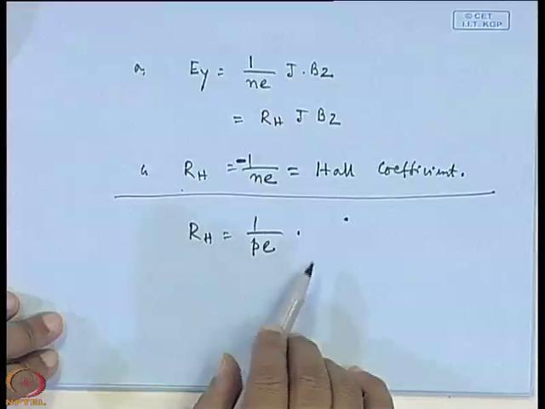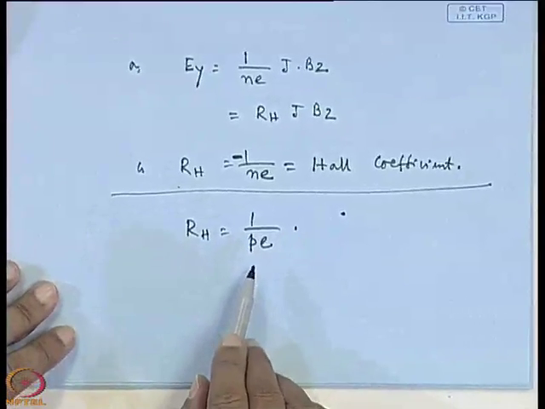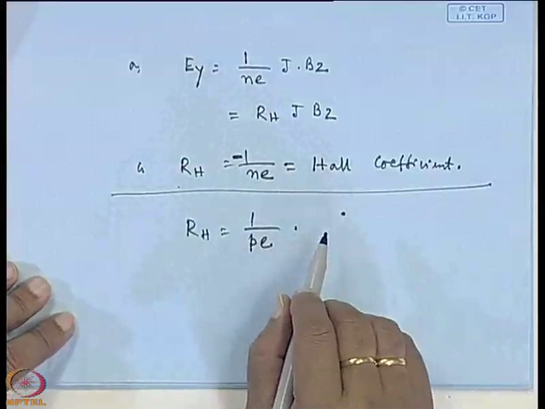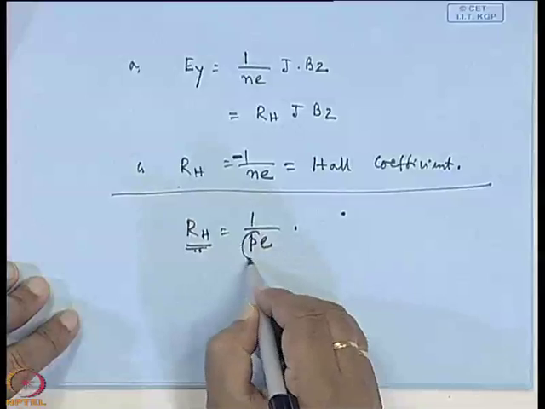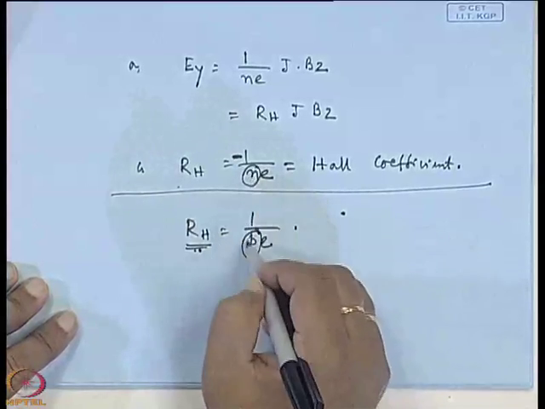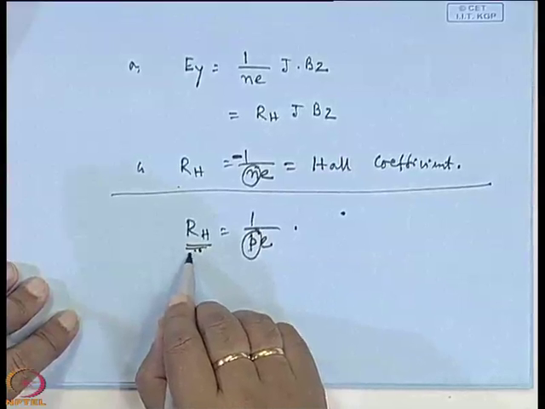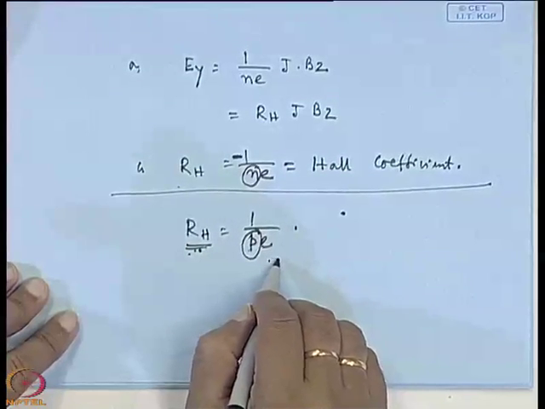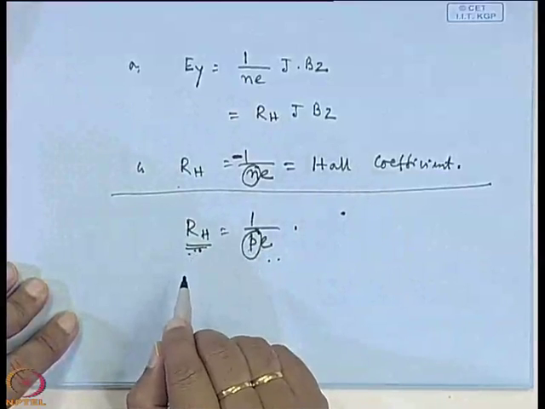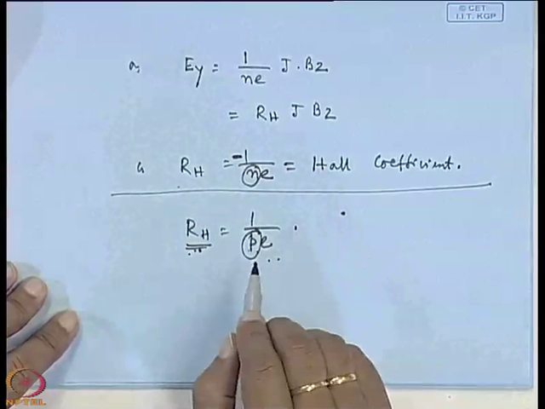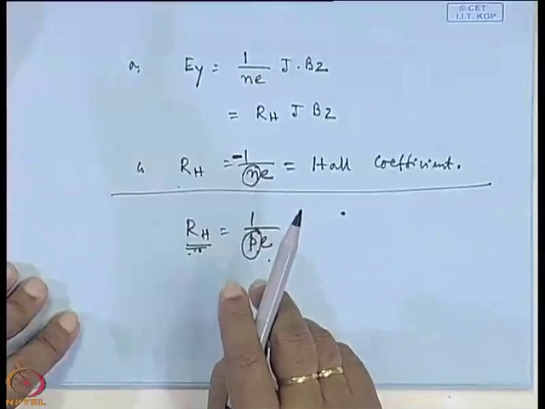Under this circumstance you can calculate the Hall mobility. Once you know the Hall coefficient R_H, you can calculate the carrier concentration, either p or n. Why? If you can measure R_H, that equals 1 by p e, where e is the electric charge which is known. So once you know the Hall coefficient, you can measure the carrier concentration and also the polarity, that means the conductivity type.